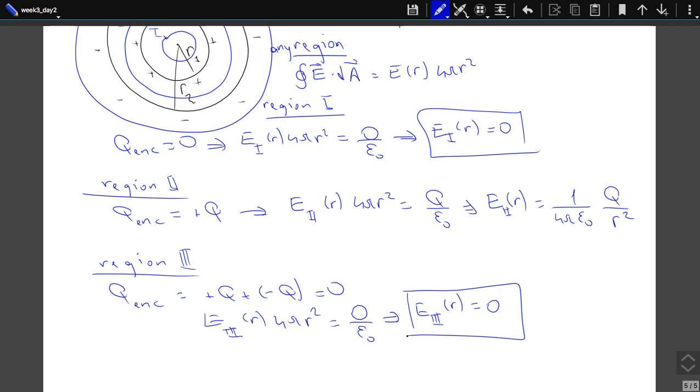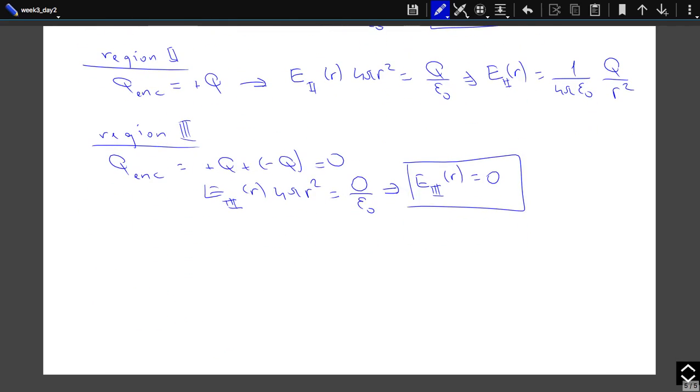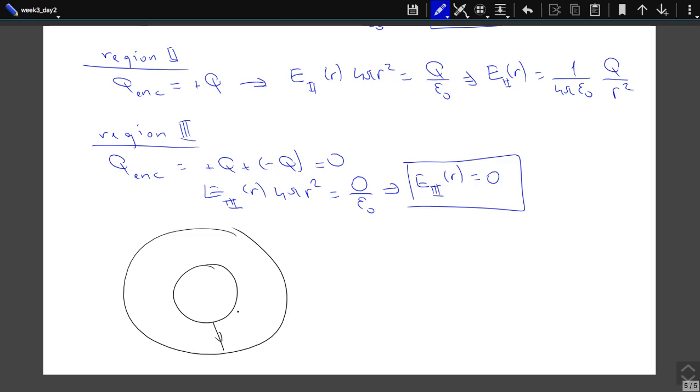So if you would draw the electric field lines for this configuration, this is the outer shell, this is the inner shell. There are no electric field lines inside, there are no electric field lines outside. The only electric field lines are radial and in this region only. And so this will be our electric field lines.